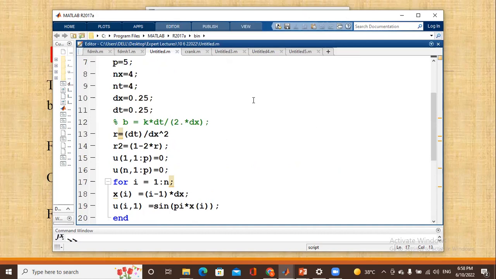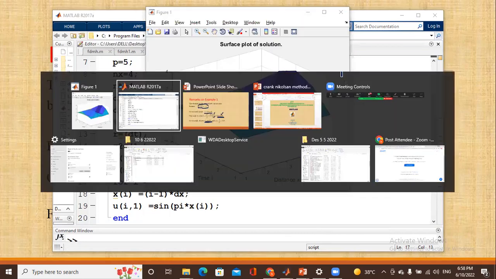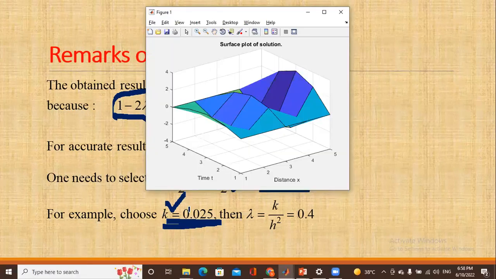Now the same program, when we consider dx and dt, as we discussed in the PPT. If we consider k equal to 0.025, the program is similar.